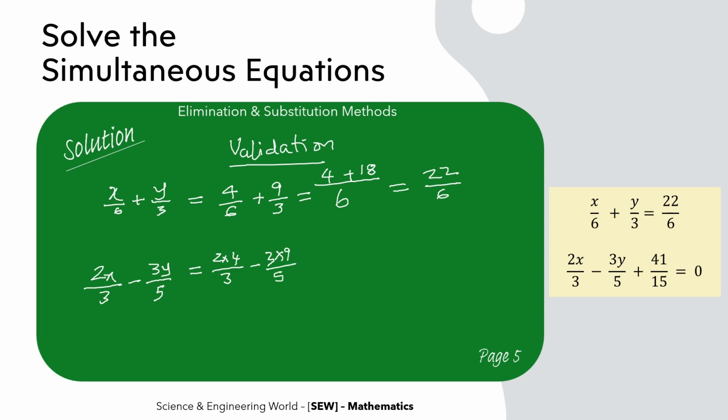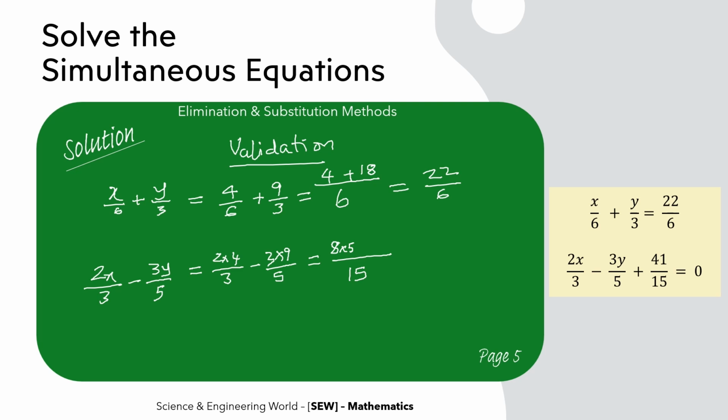And again, the common factor is 15 here. So 3 in 15 is 5, times 8.